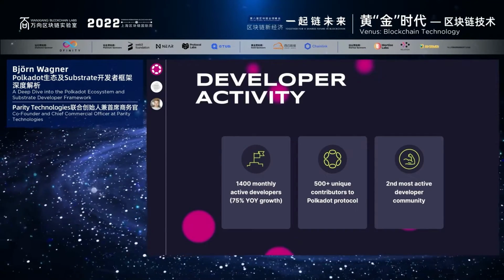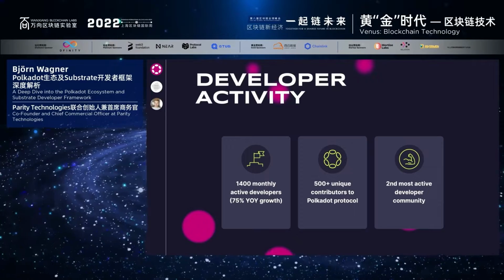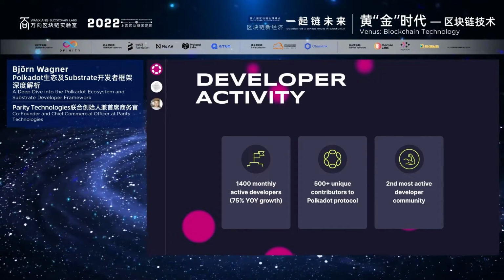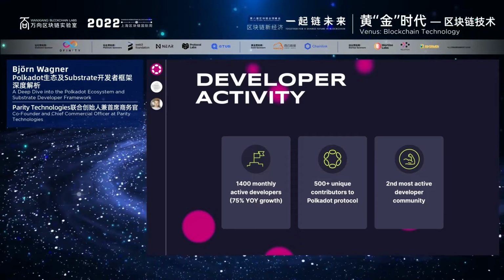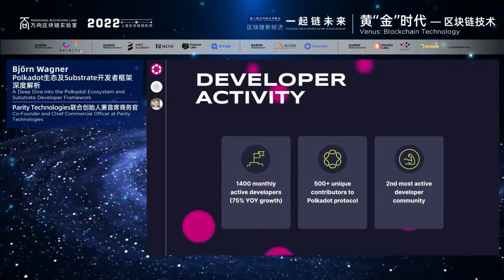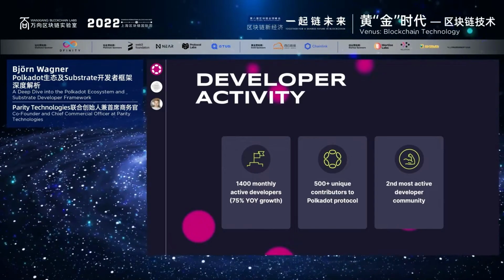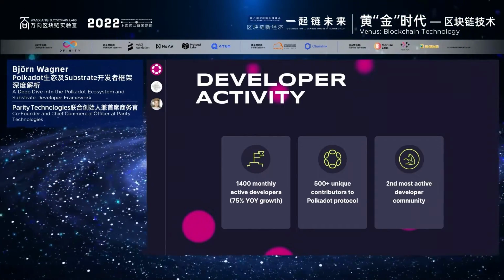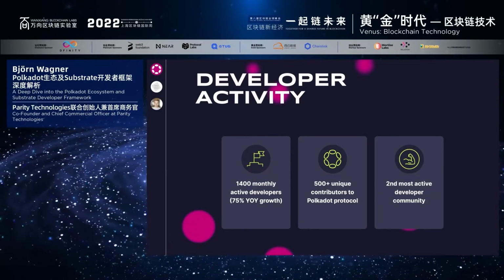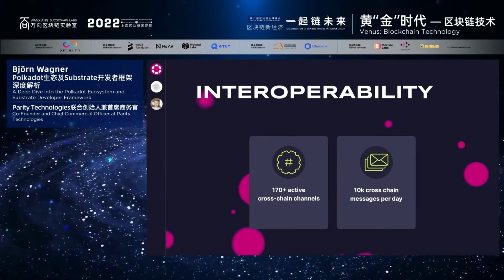In terms of development activity, Polkadot has become the number one most active developer ecosystem outside of Ethereum. With more than 1,400 monthly active developers, a 75% increase year on year, and over 500 core contributors to Polkadot's protocol repositories, we are in a very good spot. Interoperability.